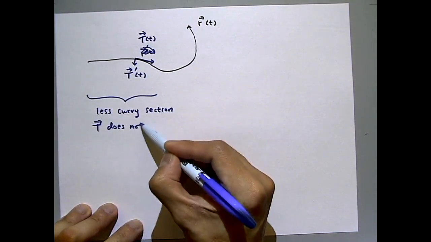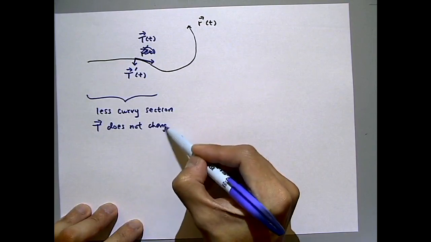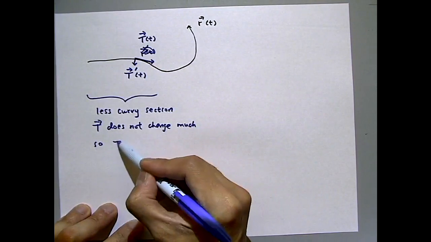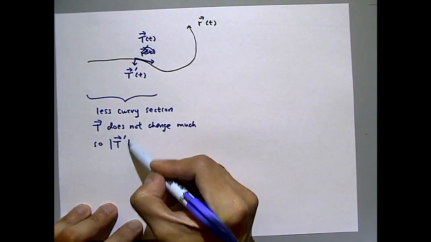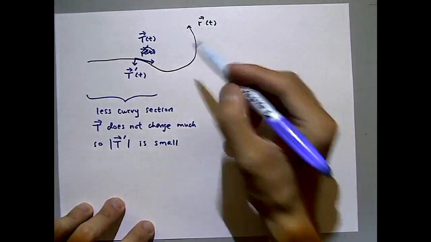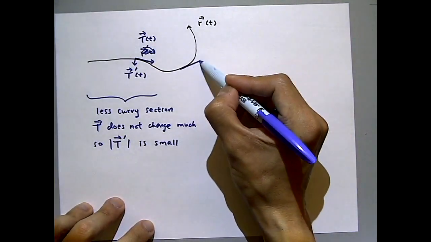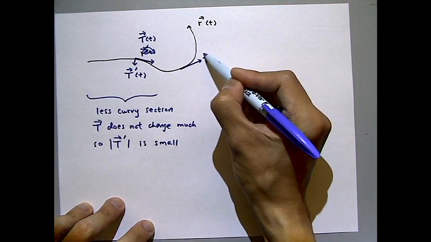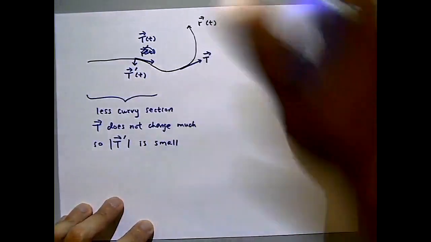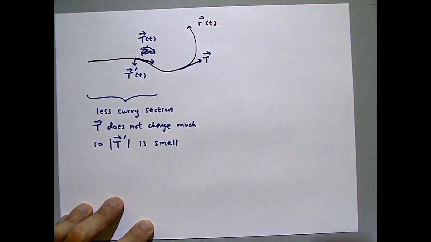T does not change much, so we expect T prime to be small. On a very curvy section, T has to change very drastically within a short amount of time.